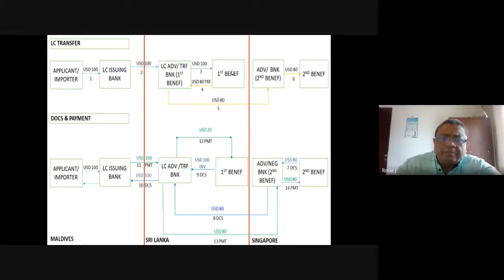Now he goes to People's Bank and says, can you transfer this LC to my friend in Singapore? Because he has to ship some ACs to my friend in Maldives. People's Bank will say, I can't transfer the LC, because if we are to transfer it, then Bank of Ceylon, when issuing the LC, must clearly mention that the LC is transferable.